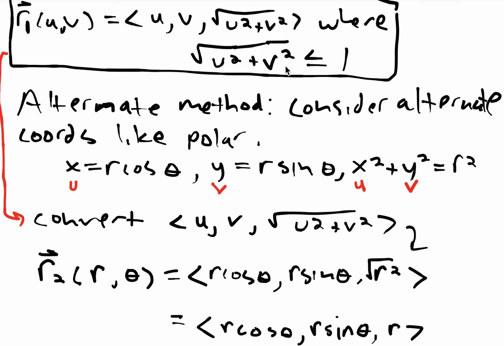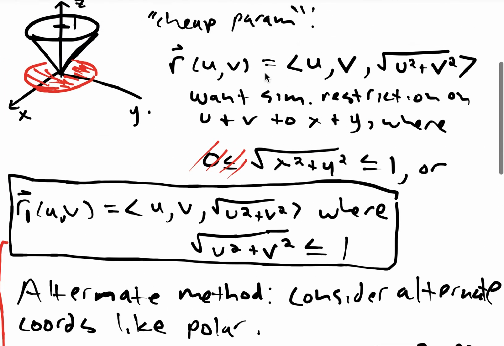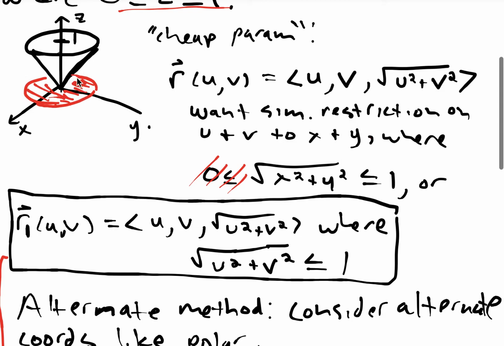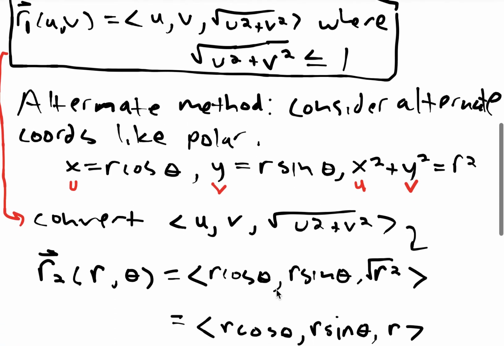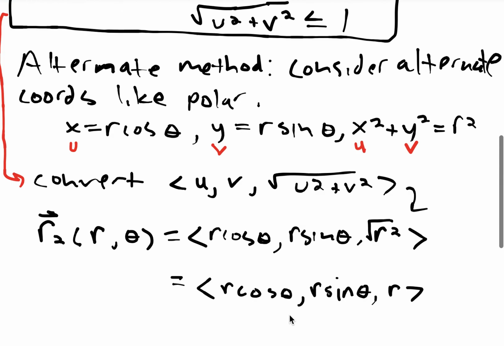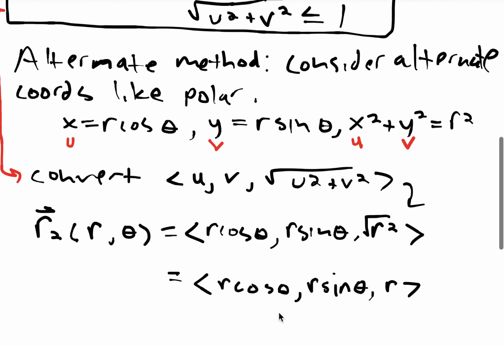Before, I just had to pick a u and v, or an x and y, that were inside of that unit circle. If you want to specify the same unit circle here as the values that you're plugging in, we have different quantities for our polar coordinates.